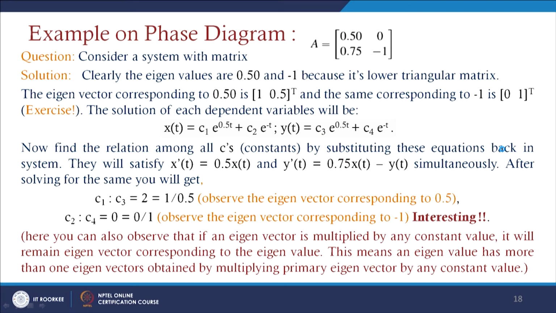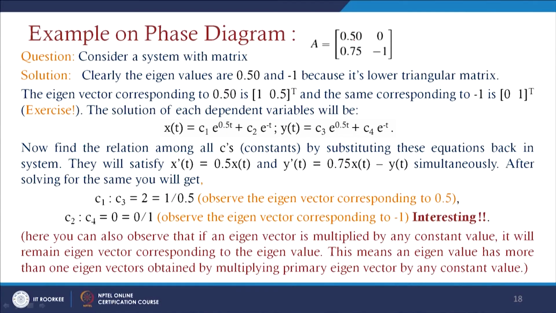So, if we consider a matrix where the diagonal entries exist and also other entries are present, like a matrix A equals 0.5, 0, 0.75 and minus 1. Clearly, this is an upper triangular matrix, hence the diagonal entries are the eigenvalues only.